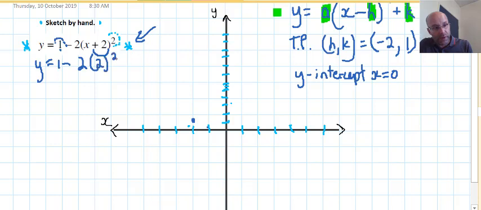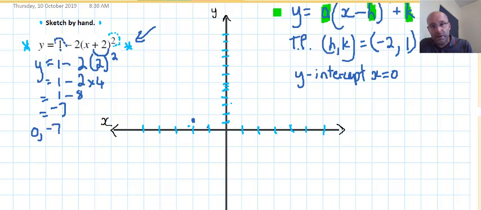We square that. We have 1 minus 2 times 4. And we have 1 minus 8, which is -7. So the y-intercept is at (0, -7). Okay, so I'll write that in. (0, -7). So going down here, 1, 2, 3, 4, 5, 6, 7, there.